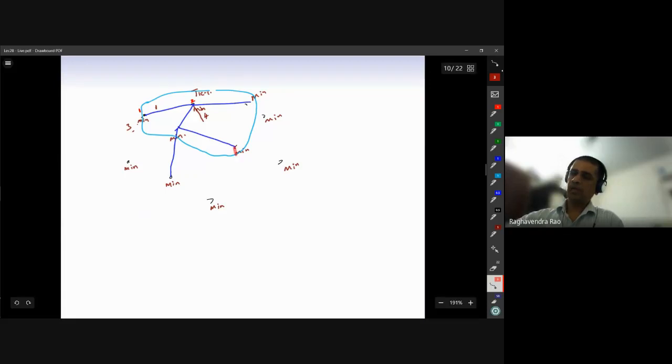You look at all these outgoing edges, and you look at the second minimum. If there are multiple edges of the same weight, it could as well be the minimum. So you compare it to the min of this.